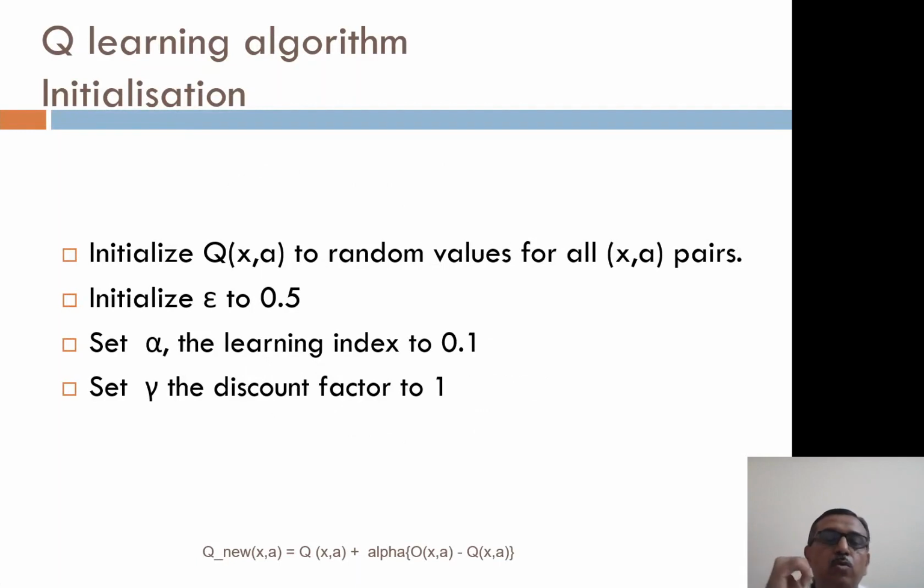We don't know the Q values. Initialize Q X A to random values for all X A pairs. In our example, we have 35 states and 4 actions, so you can store Q values in a table of 35 rows and 4 columns. Initialize epsilon to 0.5.